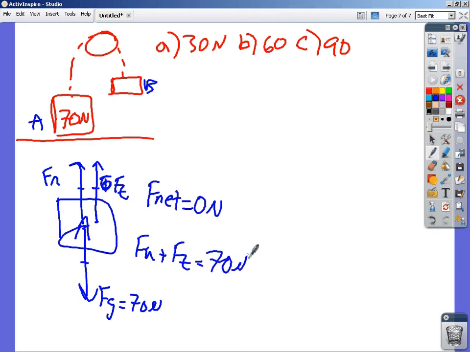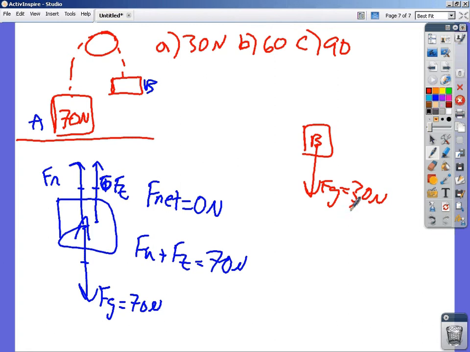So now we're going to look at block B. Block B in the first part is 30 newtons. What other forces act on block B? Just tension.